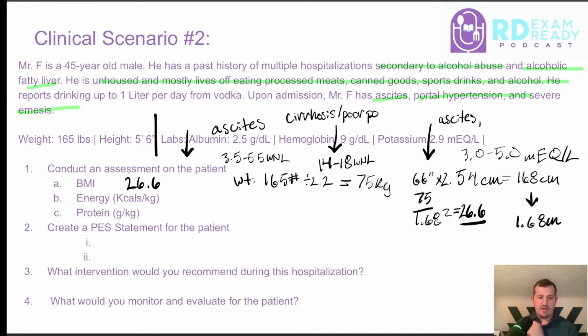So, Emily, how would you factor the fluid into it? If you knew what his dry weight was, then we could always calculate his needs based on his dry weight. But here's the reality. Right now, his body mass index is what his body is making up, that's what you just calculated, fluid or not. When he walked in that day, this is what his BMI is, without a doubt.